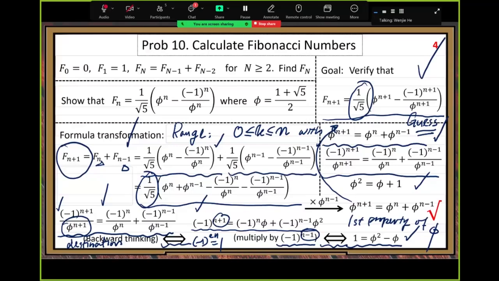That means we can expand the range from n to n plus 1. By step 3, we can expand the range. The original range was k between 0 and n, but after the work we just did, we can expand the range from n to n plus 1. If we can expand the range from n to n plus 1, can we expand the range from n plus 1 to n plus 2? One more, right? Every time we expand the range, one more.